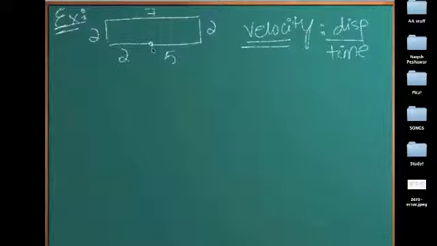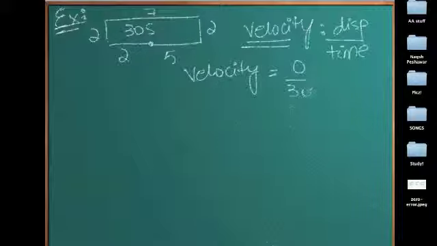So what is the displacement? As we have already seen, the displacement is 0. The time was 30 seconds again. So the velocity is simply 0 divided by 30, which makes it 0 meters per second. So the velocity is depending on displacement. Since there is no displacement, there is no velocity.